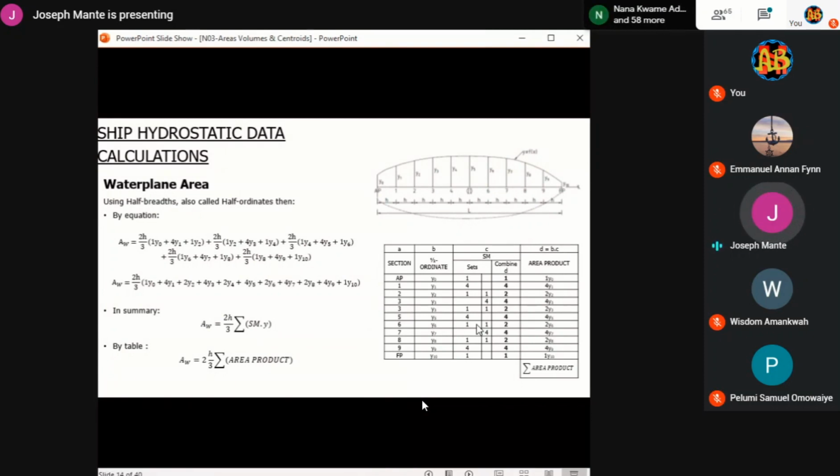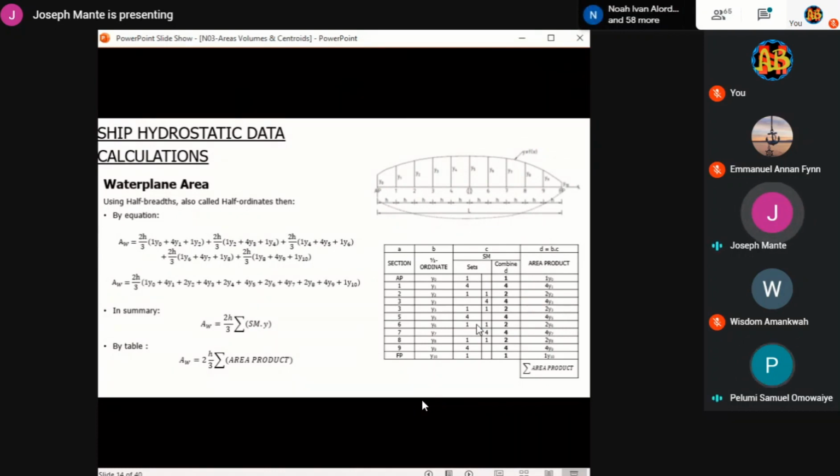Basically, all this hydrostatic data is for you to understand how the ship will behave in its environment. I hope you understand that. Are you clear with that? Yes, sir.